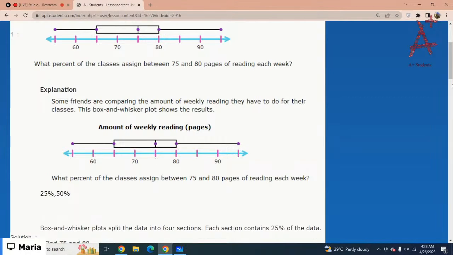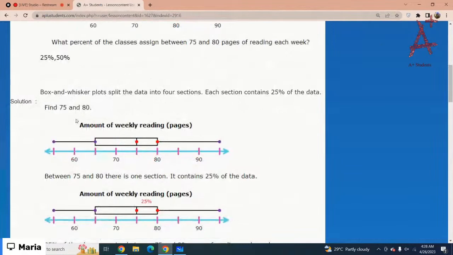So what you have to do is look at the section between 75 and 80. One section represents 25%. That means it is 25% of the data. Got it?